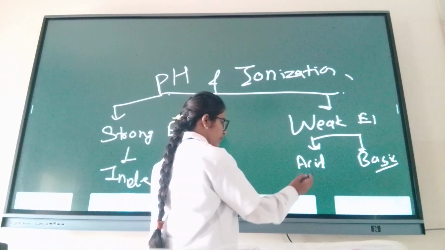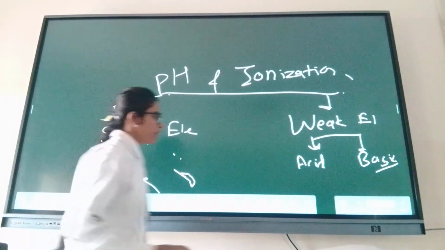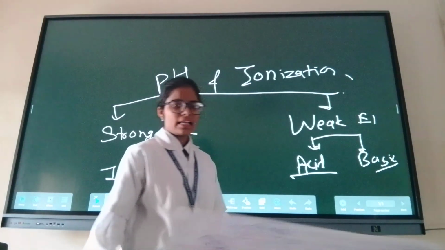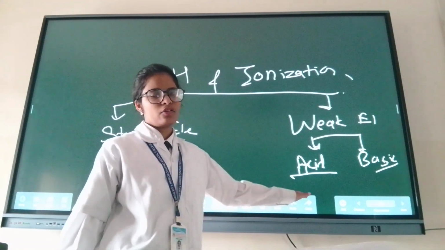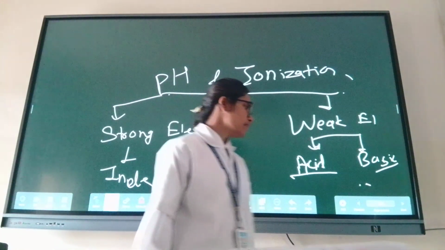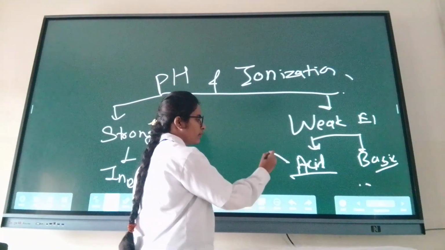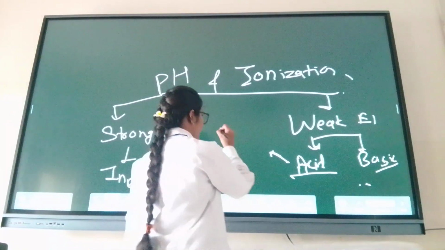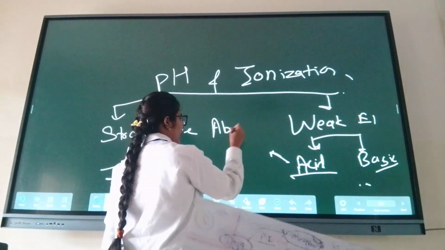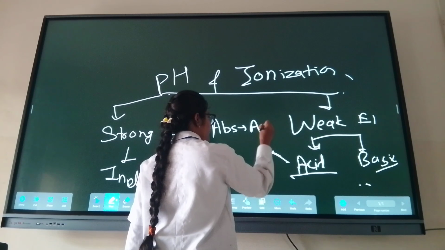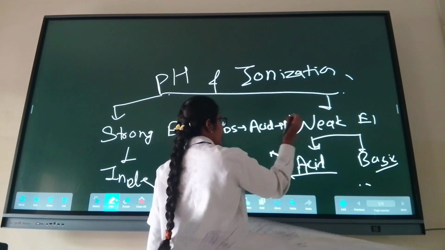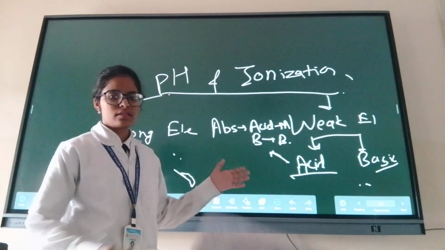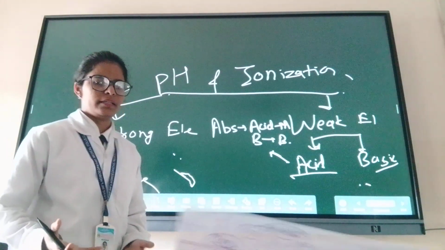The acidic drugs, for example aspirin, are acidic. Acidic drugs absorb best in an acidic medium. Acid to acid, base to base: basic, alkaline drugs absorb in an alkaline medium.